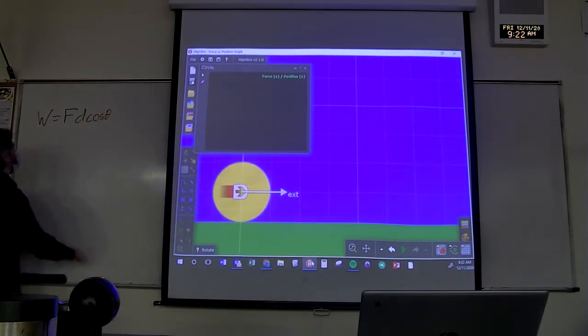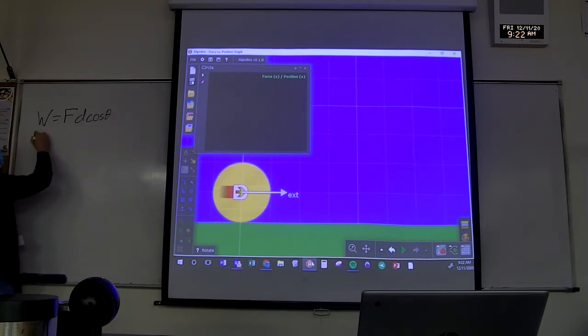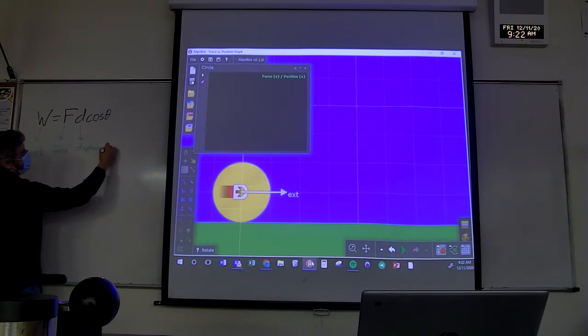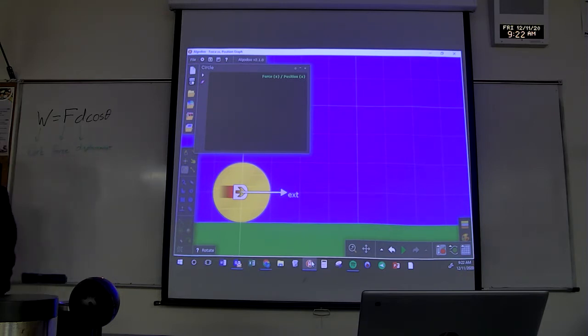So again, W is work, F is force, D is displacement, and again, I like using delta X or delta Y there, or in general delta R for a general displacement vector, but it's D on the formula sheet.